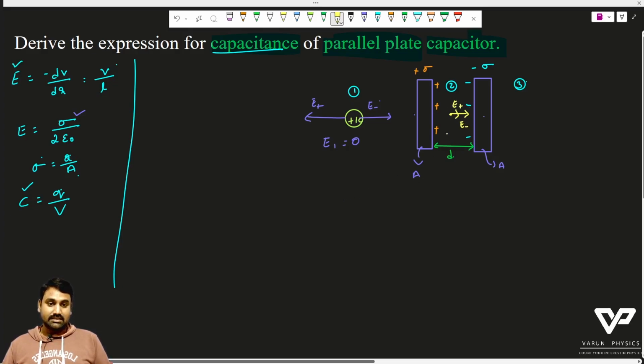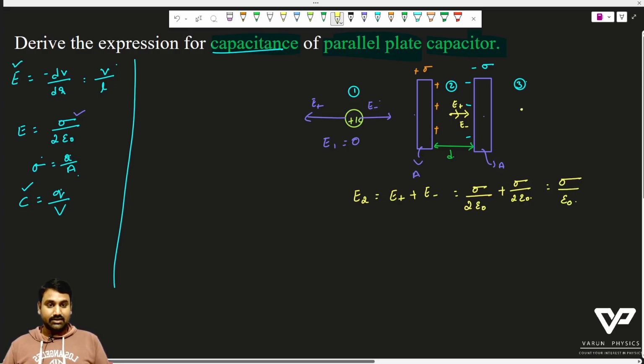So E2 is equal to the electric field due to plate 1 plus the electric field due to plate 2, that is sigma divided by 2 epsilon naught plus sigma divided by 2 epsilon naught, which is equal to sigma divided by epsilon naught.